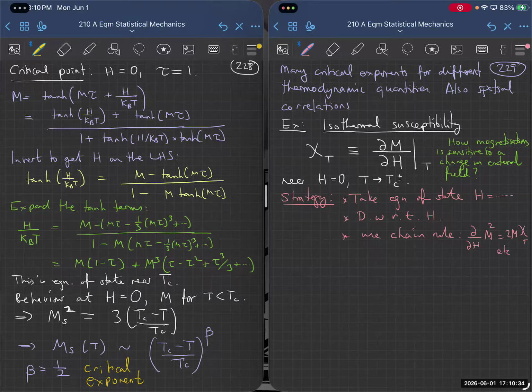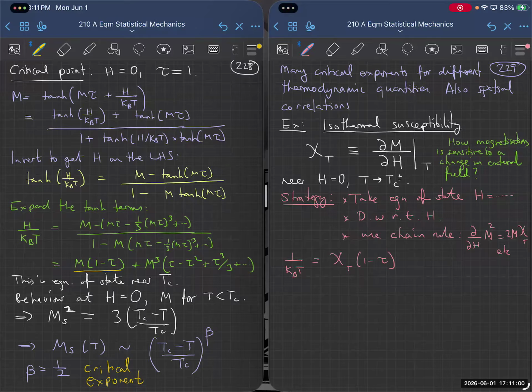So that's how we're going to do that. Then if I take the equation of state and differentiate the left-hand side, what I get is 1 over kBT is equal to chi T times 1 minus tau. That's the first term.